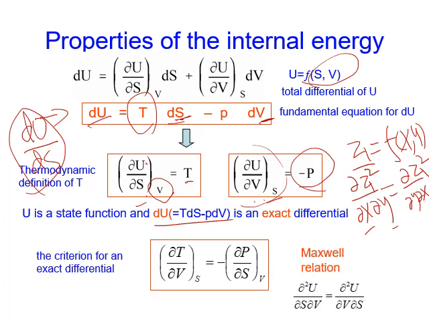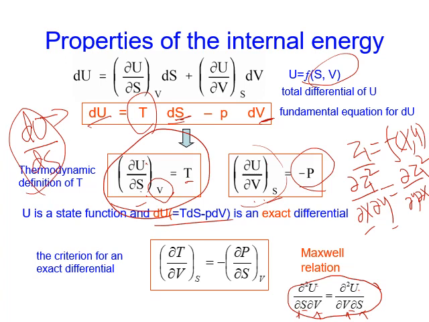For internal energy, it's also a state function, and therefore the second derivative of internal energy with respect to entropy and then volume should equal the derivative with respect to volume first and then entropy. Note that temperature is already the first derivative of internal energy with respect to entropy.